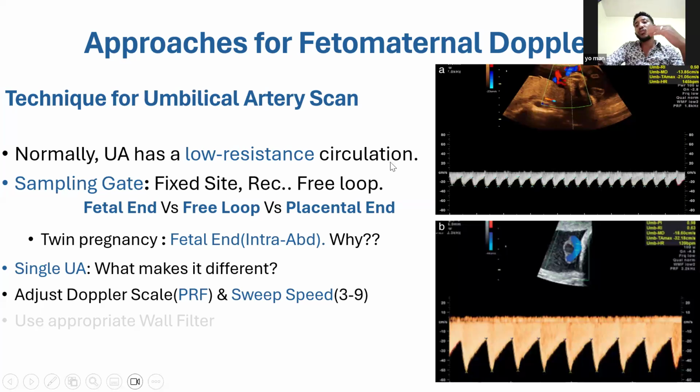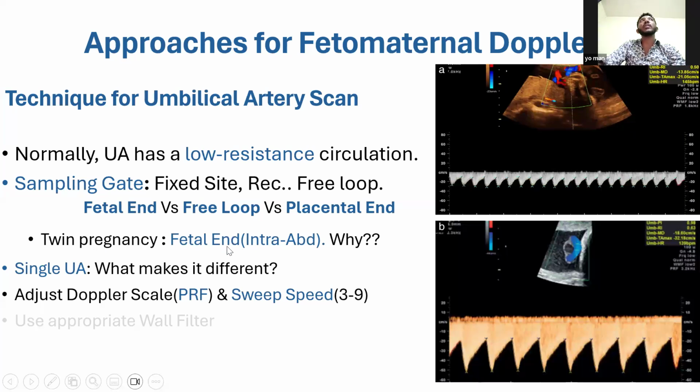Why? Because a lot of normographs, a lot of guidelines use this approach. But there are also certain normographs which were done at the fetal end and placental end, so you can choose those, but the main thing is you should compare those with their respective normograph, okay?